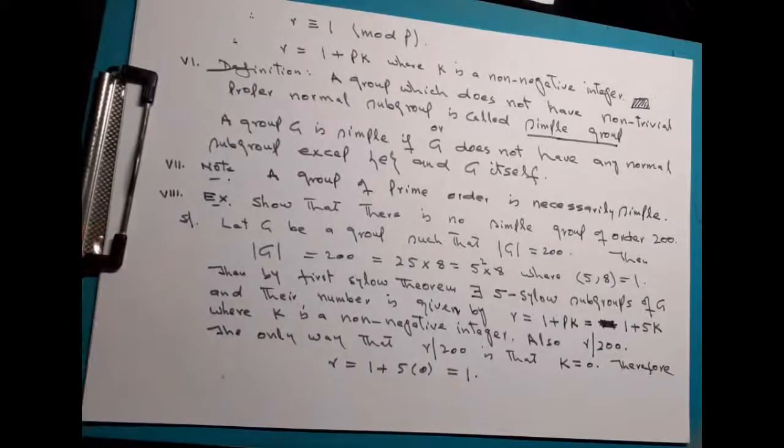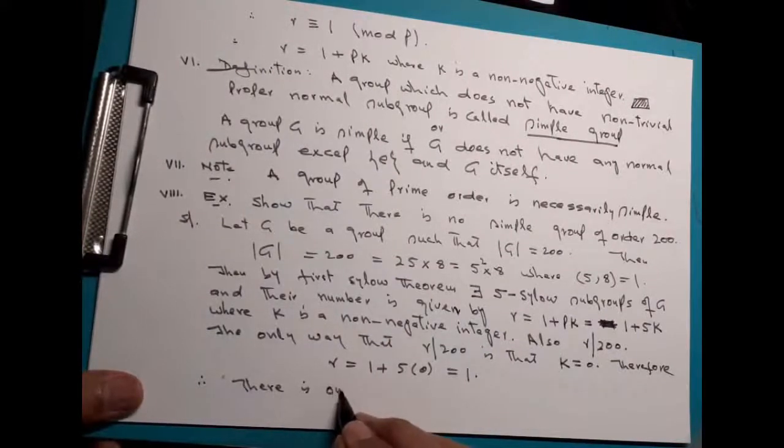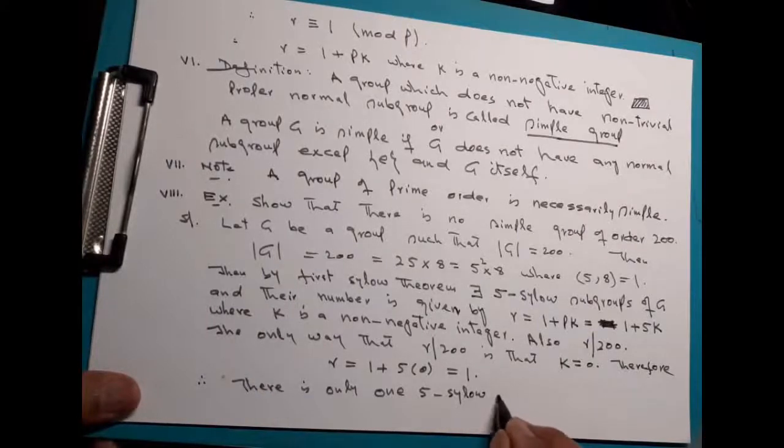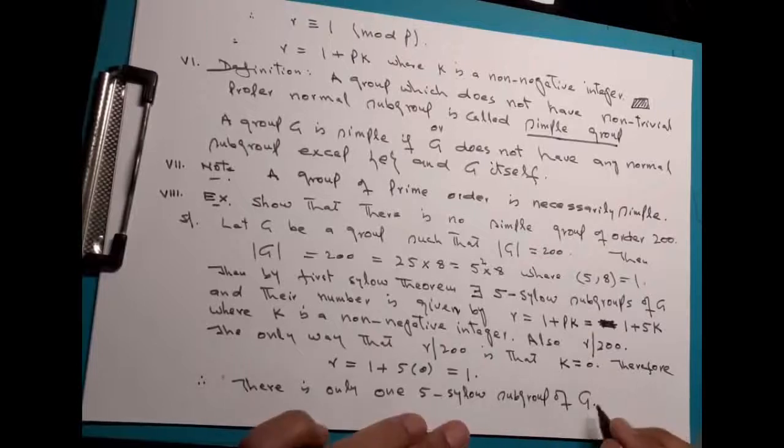So there is only one 5-Sylow subgroup of G. And we have discussed that if there is only one p-Sylow subgroup, that subgroup is going to be normal.